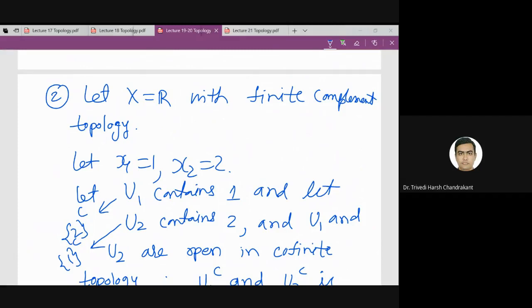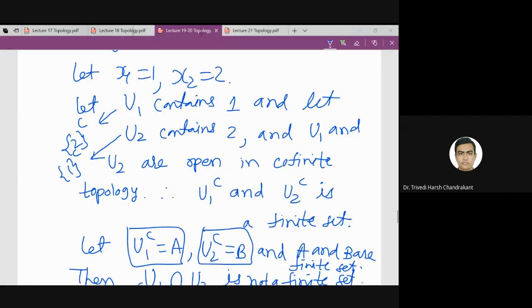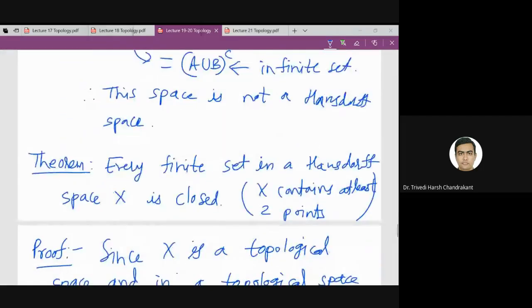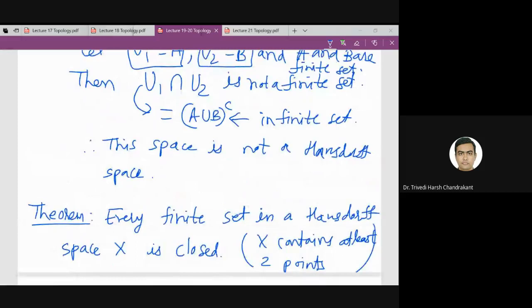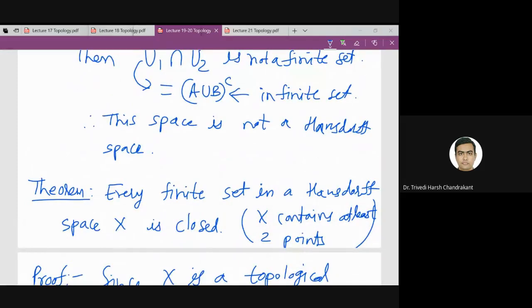So the open sets are complements of finite sets. Therefore all closed sets are nothing but all the finite sets here, right? So by the definition of the topology, all the finite sets are closed in this topology. But we have discussed that this topology is not a Hausdorff space. So therefore the converse of this theorem is not true.